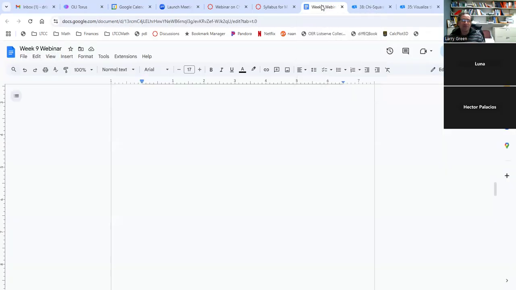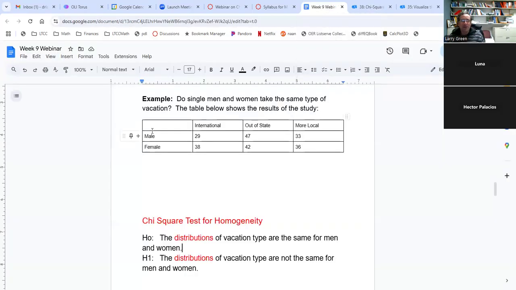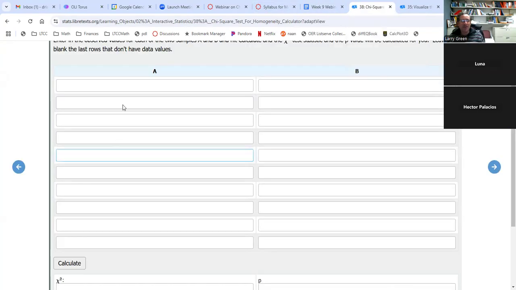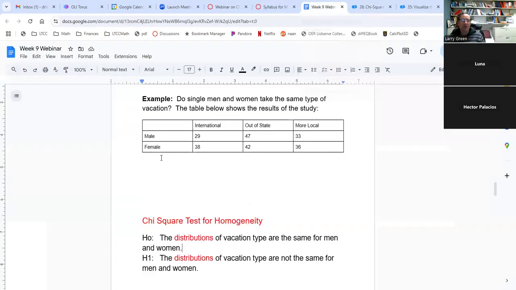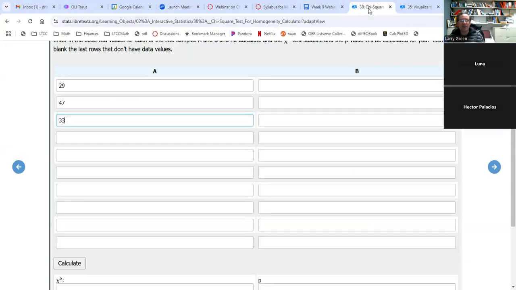So now we just plug them in. We have the men, 29, 47, and 33. We have the women, or the female, 38, 42, 36.